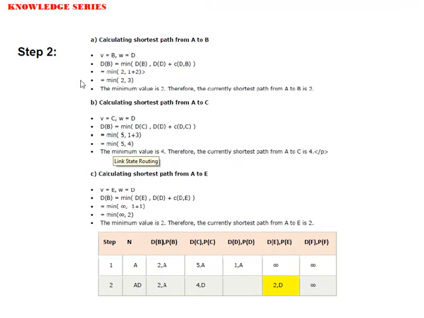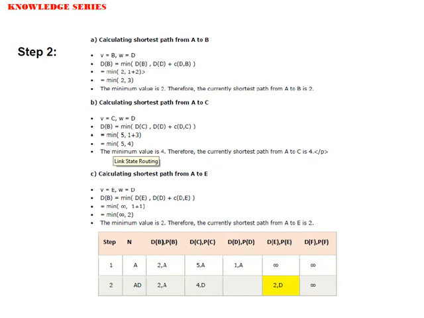For D to B, we are going to apply the Bellman-Ford algorithm concept. D(B) is equal to the minimum of D(B), comma, D(D) plus c(D,B). Now you may be thinking how this has come. When we are comparing with D(B), what is D(B)? This is 2. D(D) is indicating with respect to A, that is equal to 1.